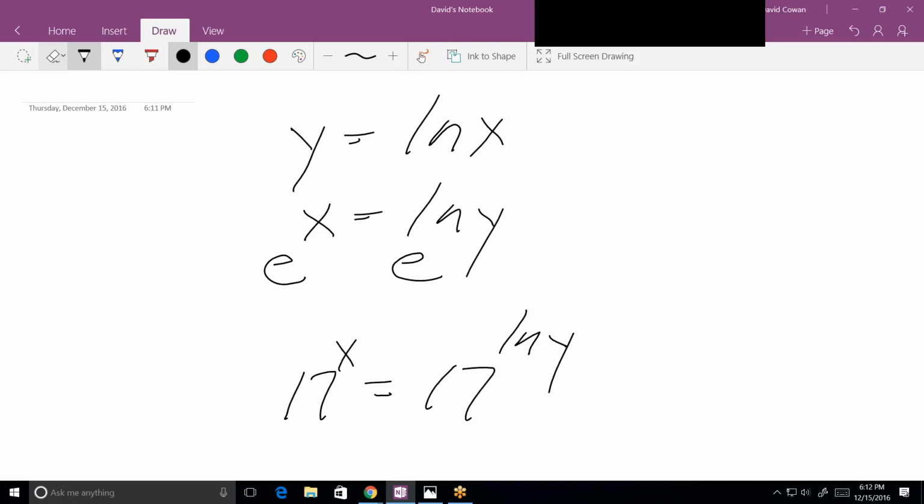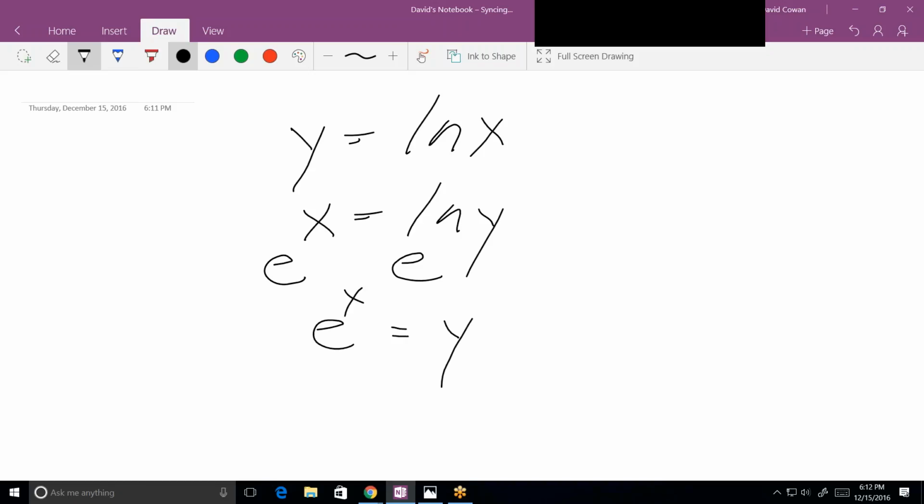I'm going to say e because e allows me to reduce the right side of that to y. So that becomes y equals e to the x, and that is the inverse of that. And again, this y is not the same as this y. This is y inverse.